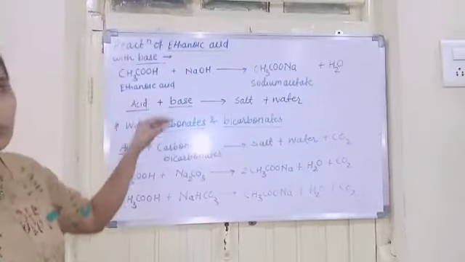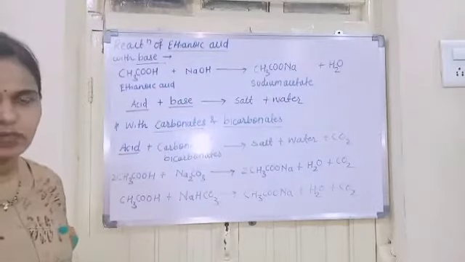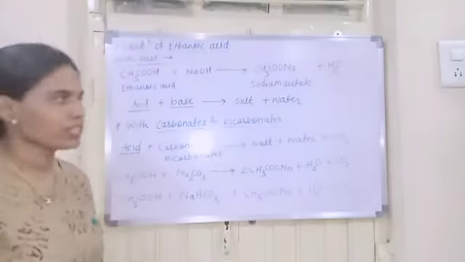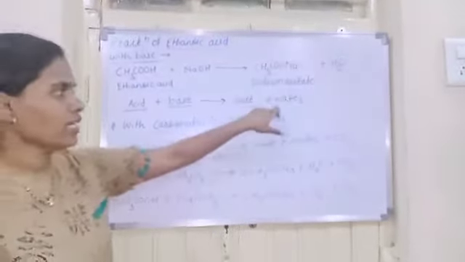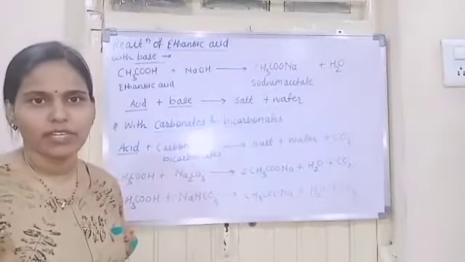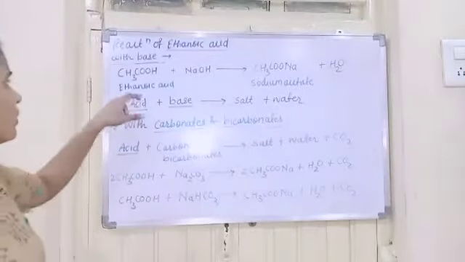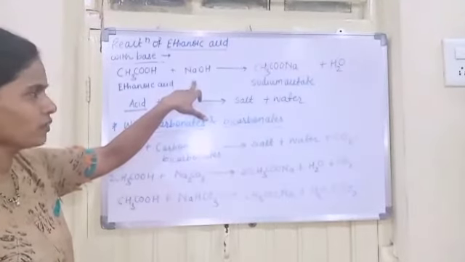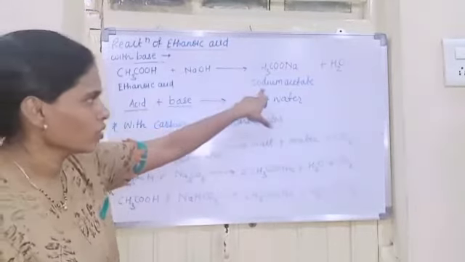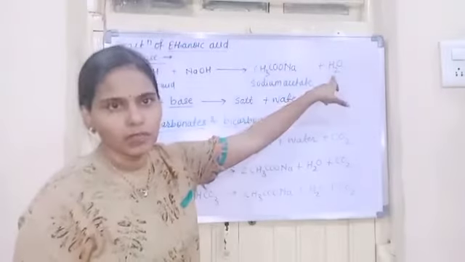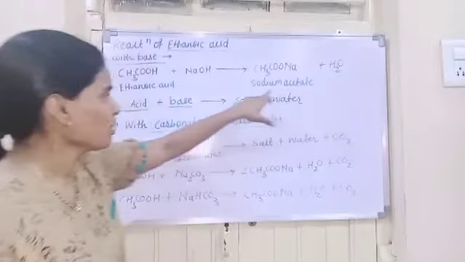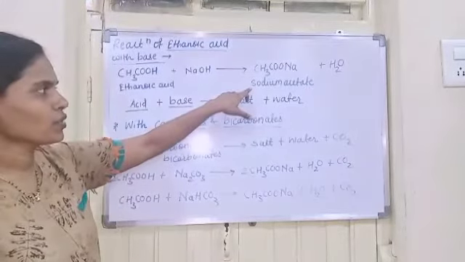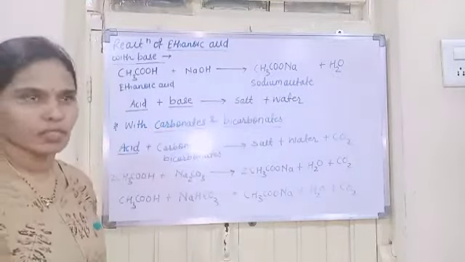When any acid containing H plus ion reacts with a base with OH minus ion, it gives salt and water as products. So ethanoic acid, when it reacts with a strong base, forms salt plus water molecule. It is the sodium salt of carboxylic acid, commonly called sodium acetate or sodium ethanoate.